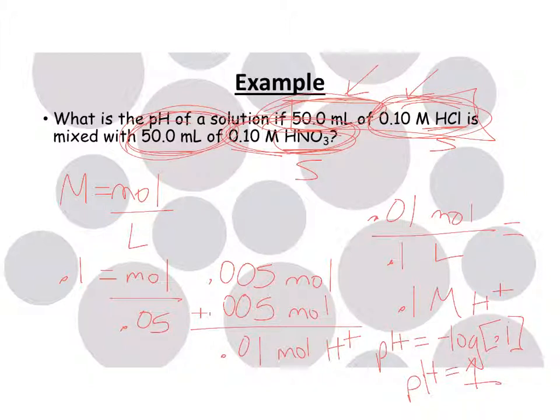However, if I had a different concentration or a different volume, if everything didn't match completely, then this is definitely the way to go: finding the moles from each of the acids and essentially adding them together. That's definitely the way you want to go to make sure that you don't get confused.